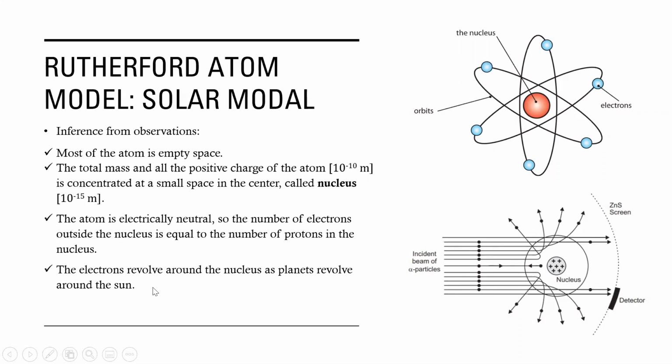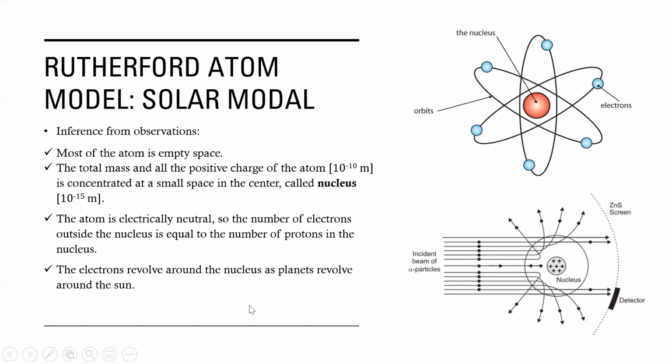So he guessed that the electrons revolve round the nucleus as planets revolve round the sun, just like this. This is the nucleus. The electrons are revolving round the nucleus in orbits, just like planets revolving round the sun. So this is the solar model, sometimes called the nuclear model as well, put forward by Rutherford.